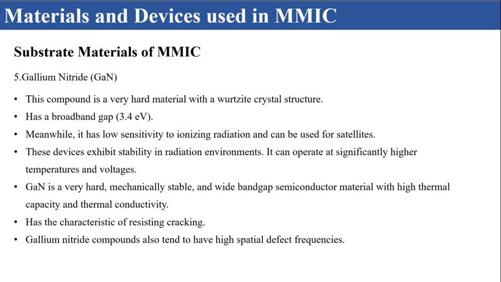It has a broad band gap and is less sensitive to ionizing radiation, making it suitable for use in satellites. These devices exhibit stability in radiation environments. It can operate at significantly higher temperatures and voltages.